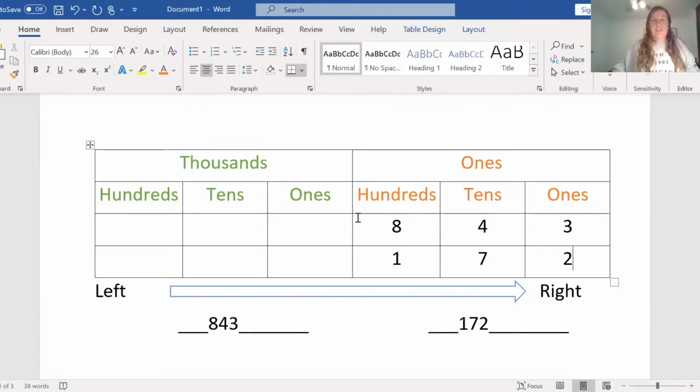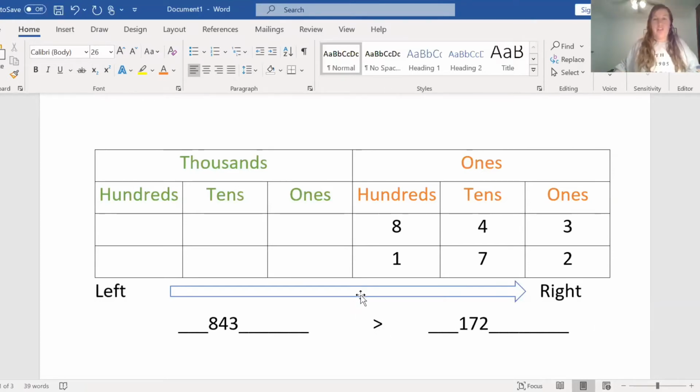To compare these numbers, we're going to look at the hundreds place. Here we have an 8, and down here we have a 1. Because 8 is greater than 1, the number 843 is greater than 172.